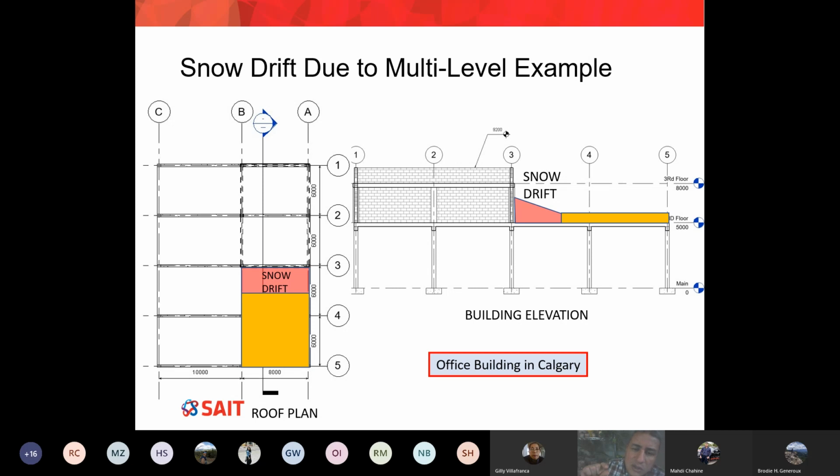This is the snow load diagram on the lower roof, and you can see there is accumulation. There is accumulation because of the multi-level: there is a higher roof and a lower roof, and they are adjacent to each other. My question is, is there anywhere else on the same building, on the same cross section, where we anticipate snow drift?